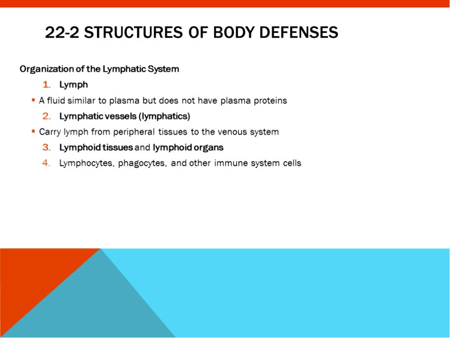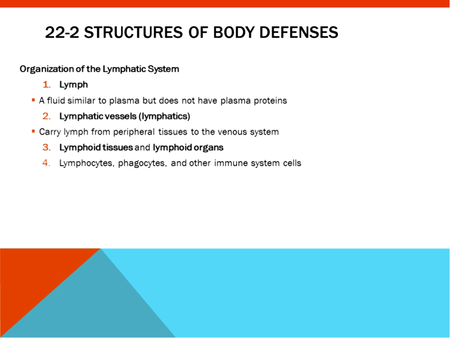So how we organize the lymphatic system is that we have some very specific components, and we'll talk about the jobs of these components in more detail as we go through the chapter. So the lymph is a fluid. It's very similar in consistency to plasma. One big difference is that the lymph is found in the lymphatic system, so that's why we call it lymph as opposed to plasma, which is found as part of the non-formed elements in your blood.